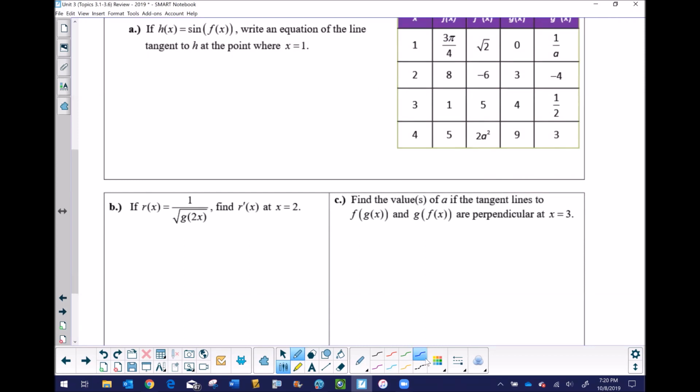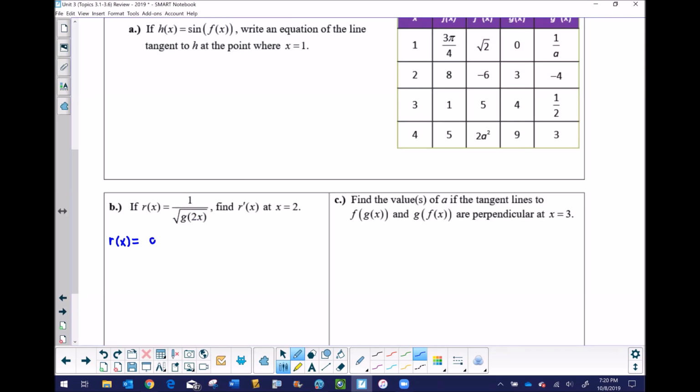So for 15b, the question gives us this r of x function, and we're asked to take its derivative and evaluate it at x equals 2. I don't know where you guys sit with this, but I am not a fan of the way this is presented.